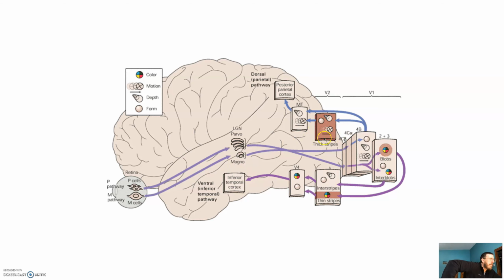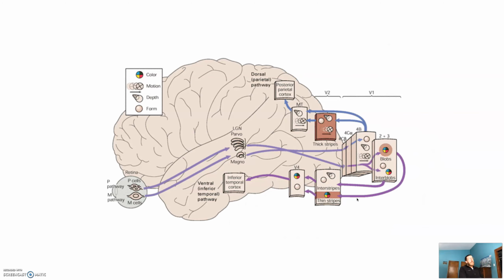On the other hand, something that we'll cover after the first midterm is this pathway up in the parietal lobe that seems to process spatial orientation of objects, how we need to reach out and grab them, how we need to move our eyes toward them, and also, as we'll see, how we need to attend to certain parts of them and ignore other parts.